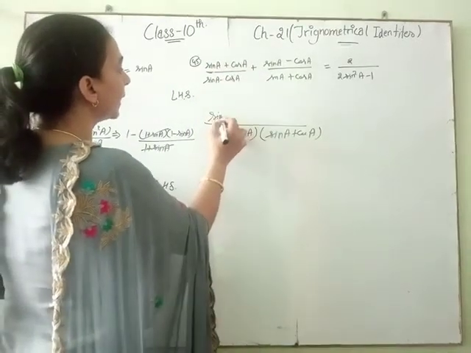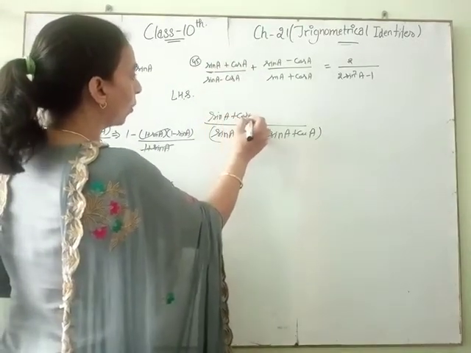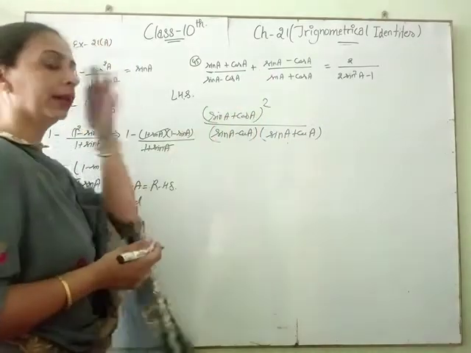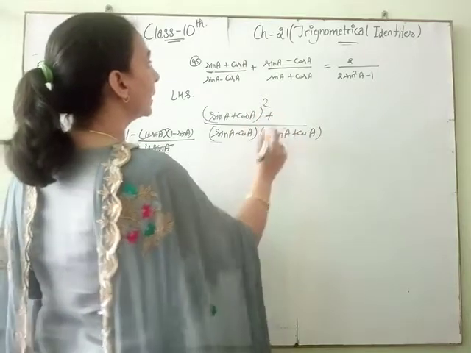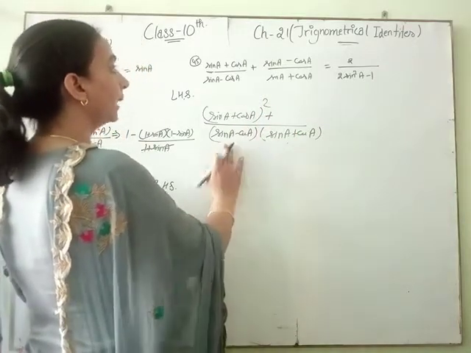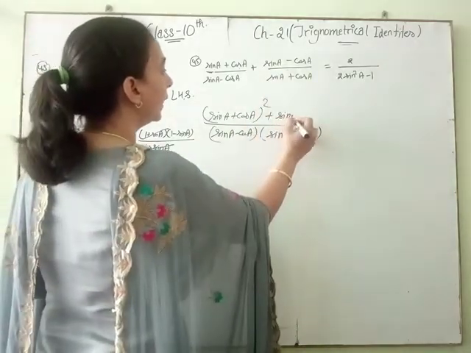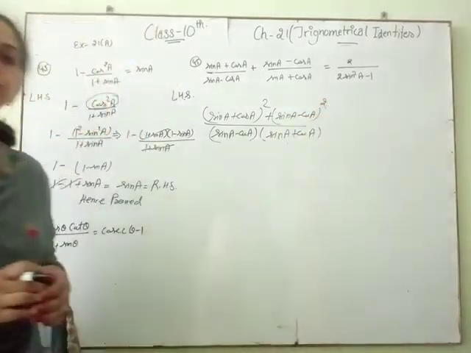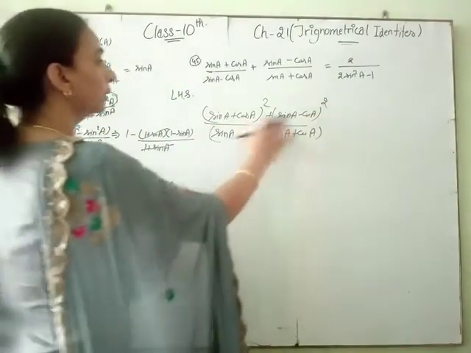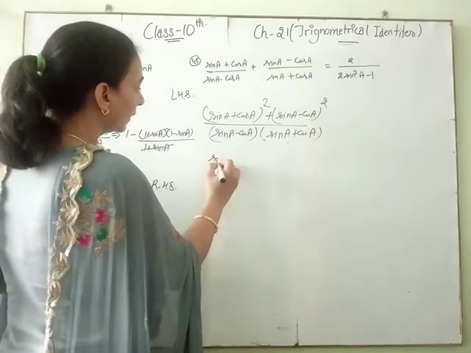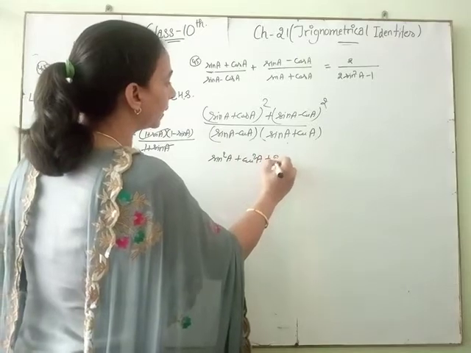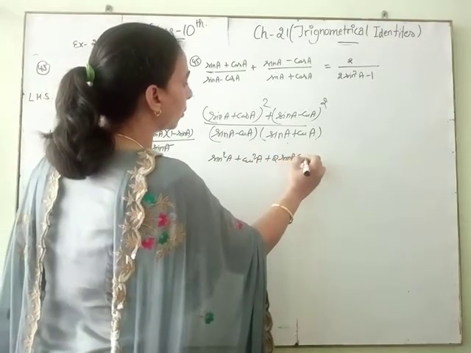So we write sin A plus cos A square, and this both are multiplied, complete square. Plus, same as it is, minus, then sin A minus cos A whole square. Okay, then you solve the square of this: sin square A plus cos square A plus 2 sin A cos A.